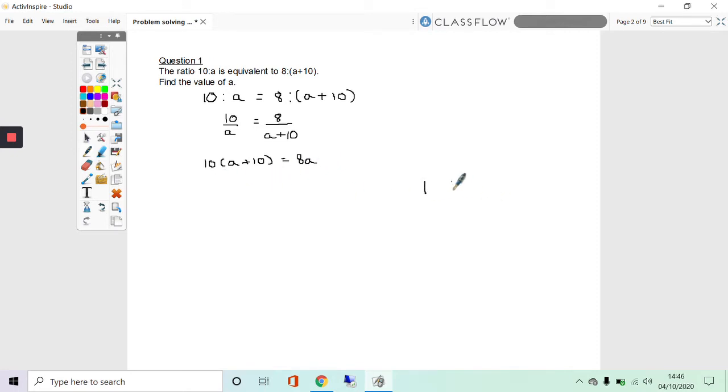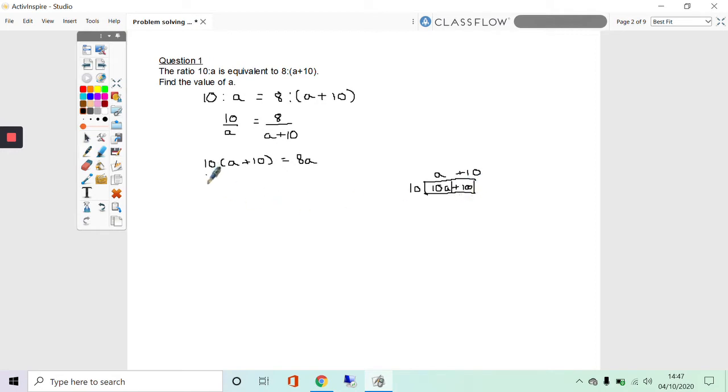So remember, brackets means boxes. So I'm going to get 10 times A is 10A, and 10 times 10 is 100.